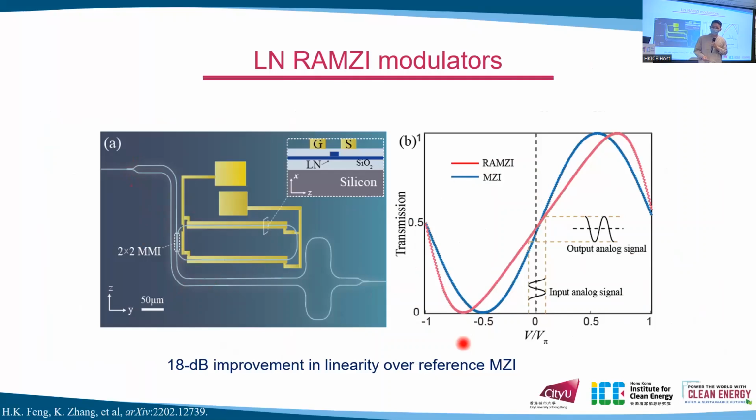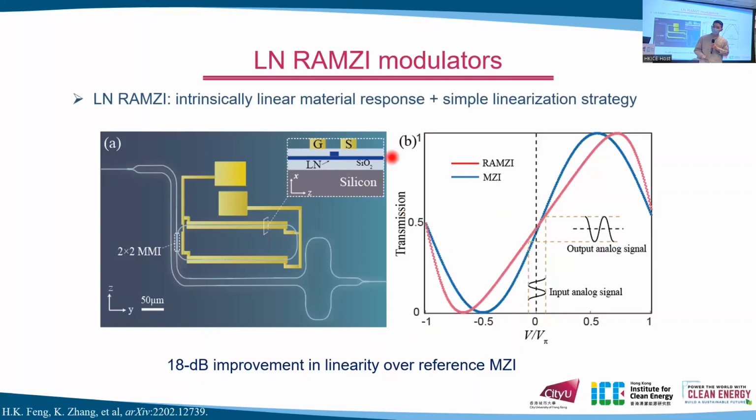Our measured data shows about 18 dB improvement in the linearity over the reference MZI. So this is very good work. And this is achieved because lithium niobate has an intrinsically linear material response, and also because we use this RA-MZI structure.